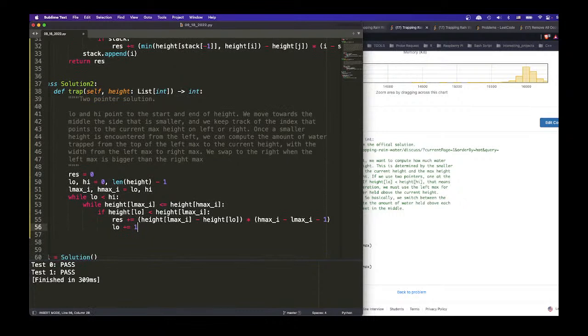Now we go again. And we go again until else there's a larger than, right?